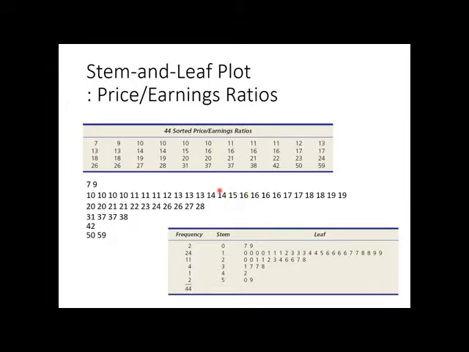So 4, 4 means 14, 14, 5 means 15, and 6, 6, 6 means 16, 16, 16. We remove the 1 and just give the 6, 7, 8, 9 for these prices.